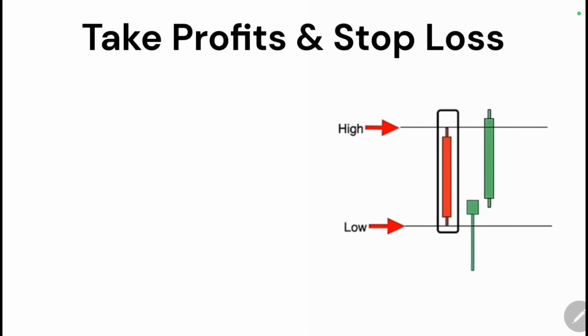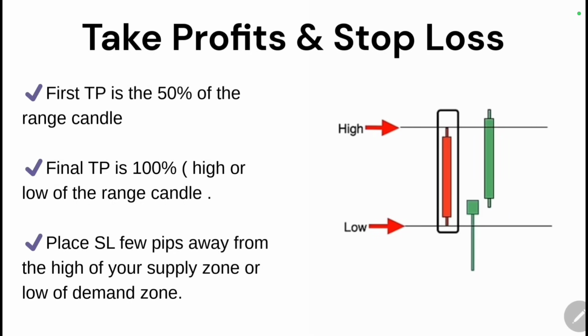Now for take profit and stop loss: the first take profit is at 50% of the candle range, or a 1 to 2 risk to reward ratio. Now the final take profit is 100% of the candle range, to the upside or to the downside.